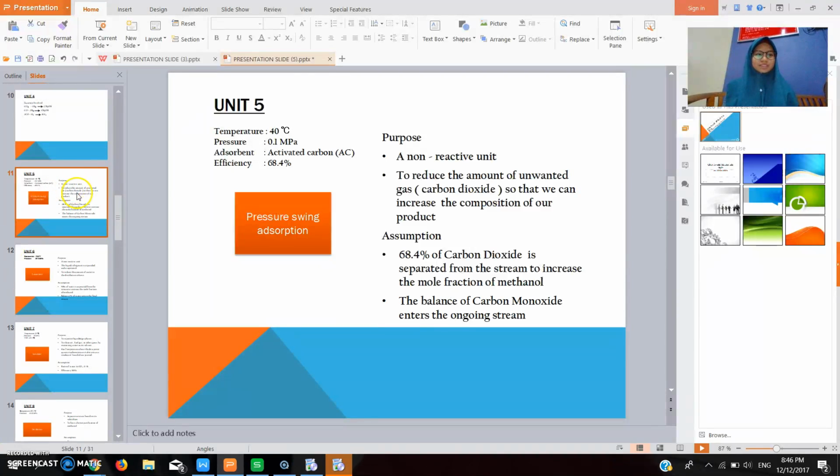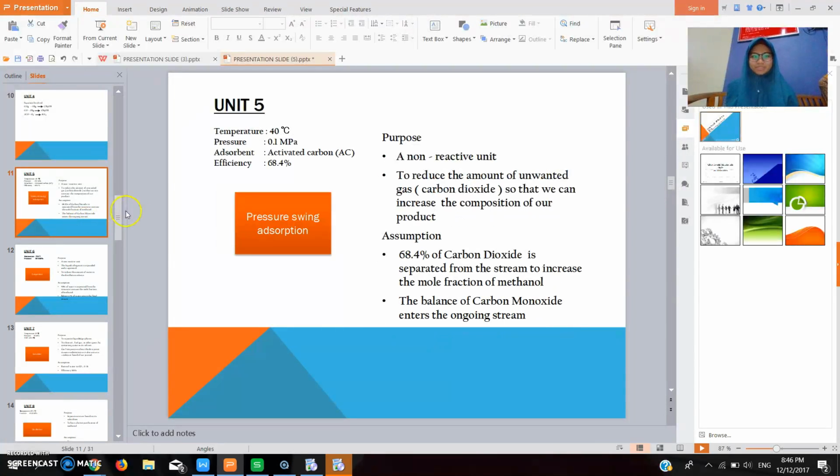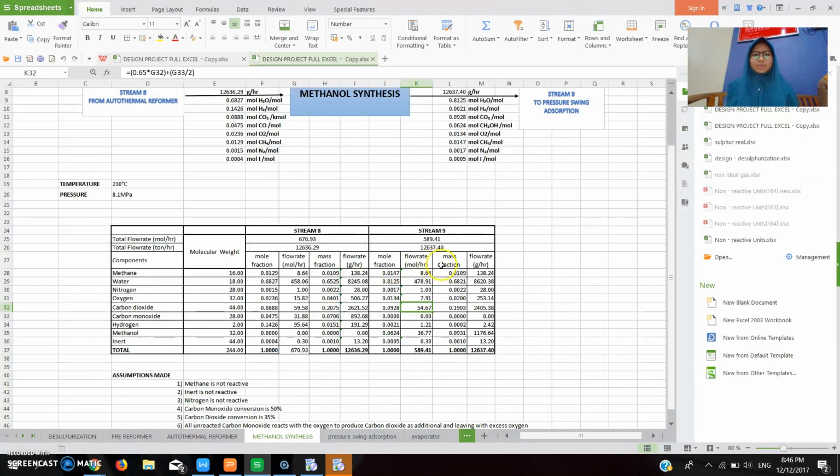So, as we can see, after methanol synthesis is usually distillation. However, we added two units, which are pressure swing absorption and the evaporator. First of all, we added pressure swing absorption because we want to remove a higher concentration of carbon dioxide in stream number 9.